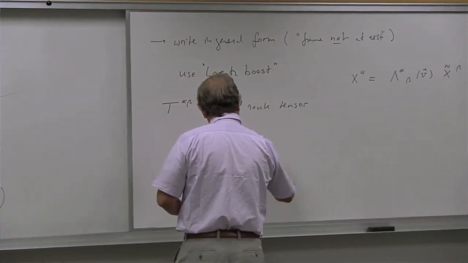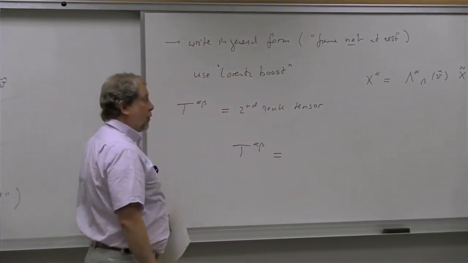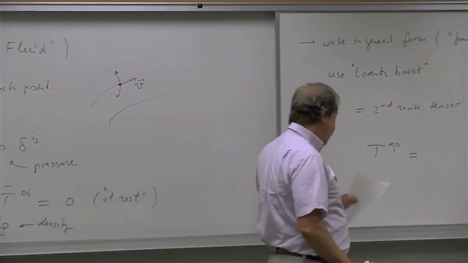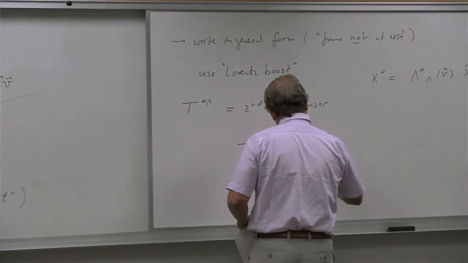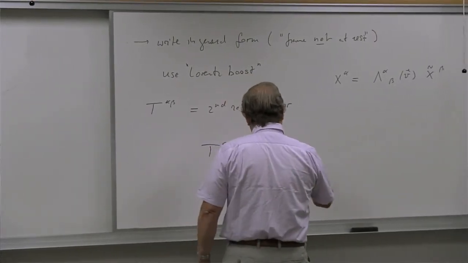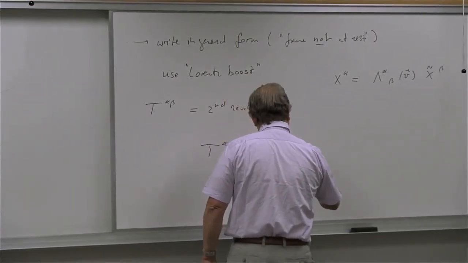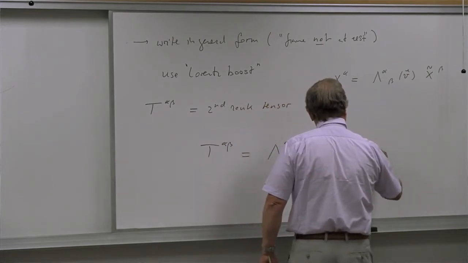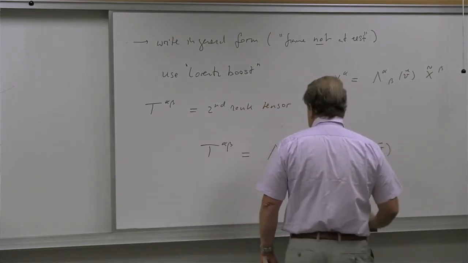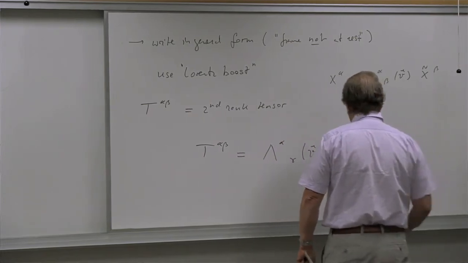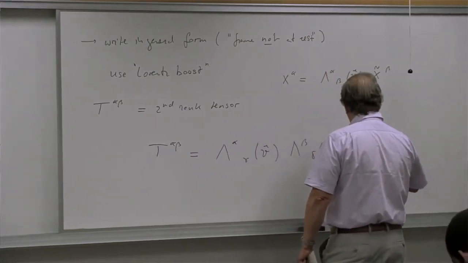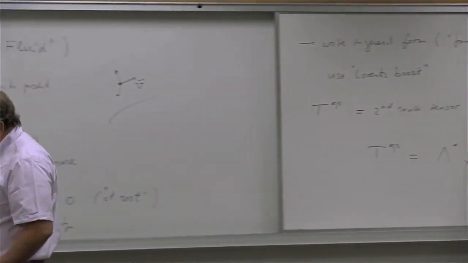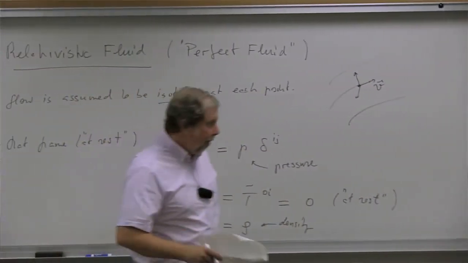So in other words, T alpha beta is going to be equal to lambda alpha gamma of v, and then lambda beta delta of v times the original T tilde gamma delta, which is the one we have over on this side, right?